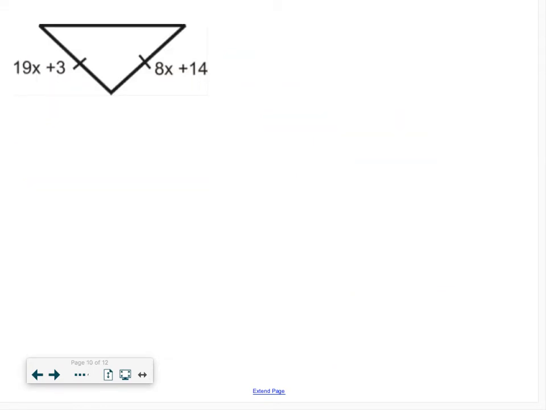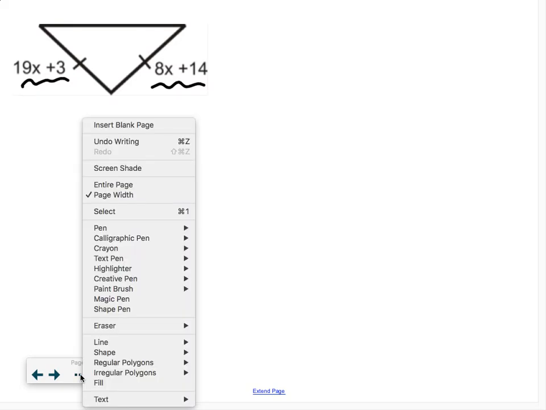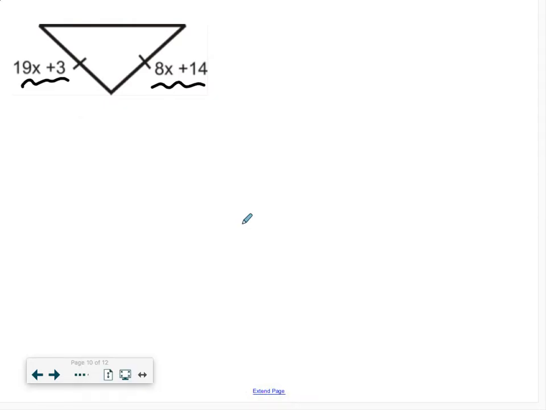Now this one doesn't deal with angles. How do I know? There are no degree signs around this expression, no parentheses, no degree sign. So this one is just saying these two sides have these expressions. How can I figure out what x is? Well, if the two sides are marked congruent, congruency implies equality.